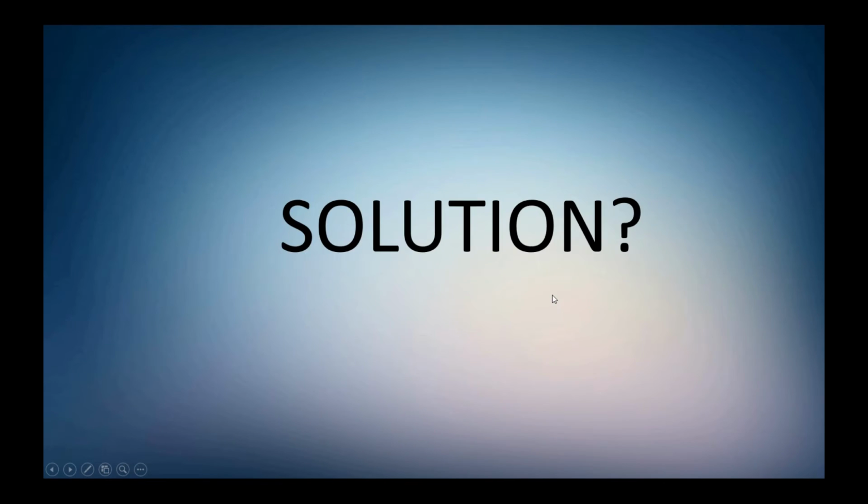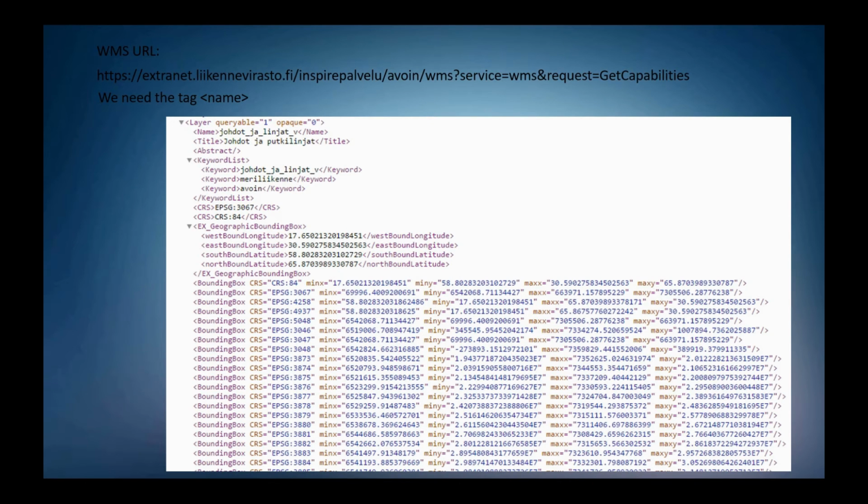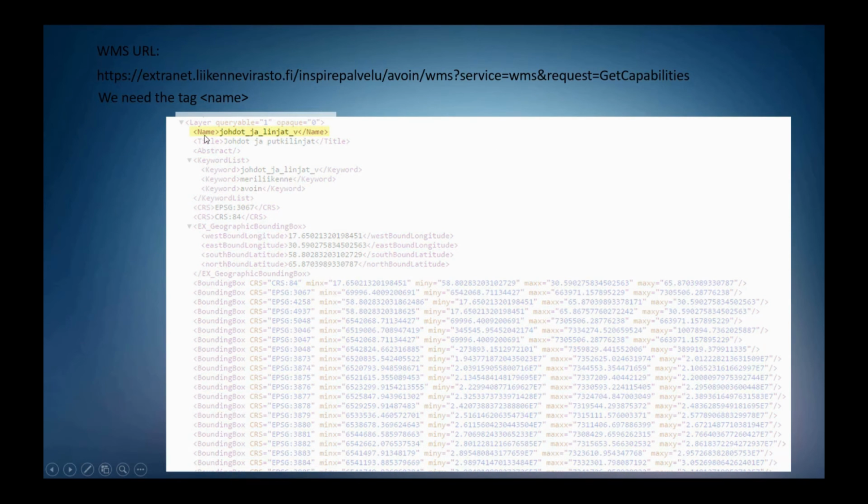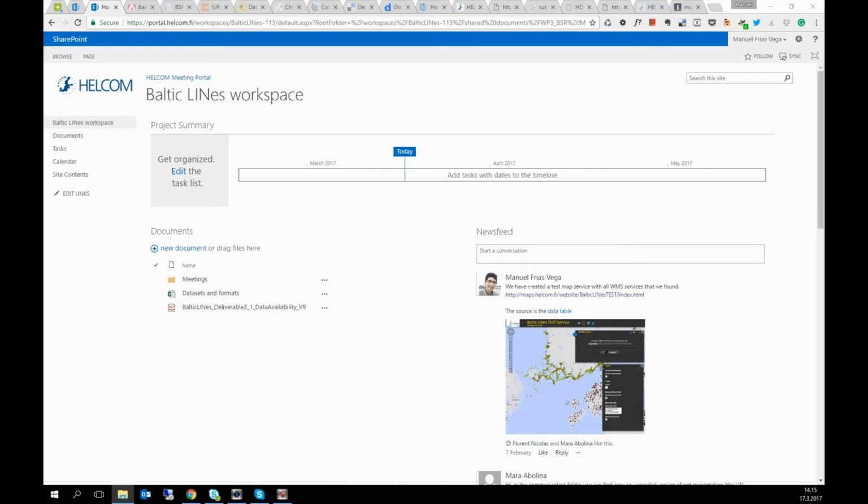Okay, so what would be a solution for this? What we need is to get the name of this layer. As it is now, we only have the WMS URL, but what we actually need is the name. So, for example, if we go again to this Finnish traffic agency to get all the WMS, then we need a tag called name, which is actually this one. So we would like to propose something to you.